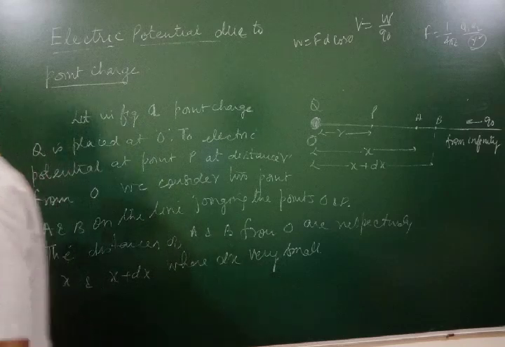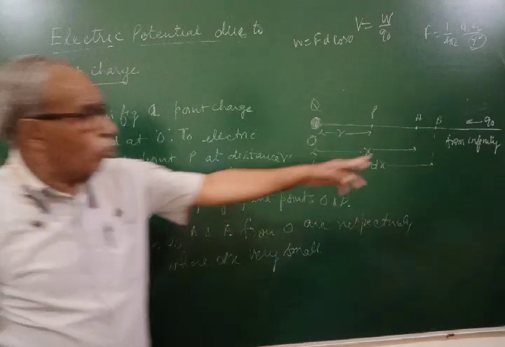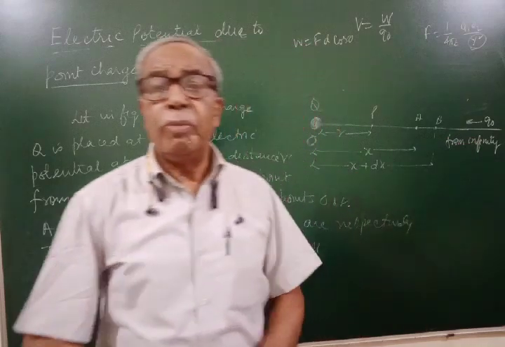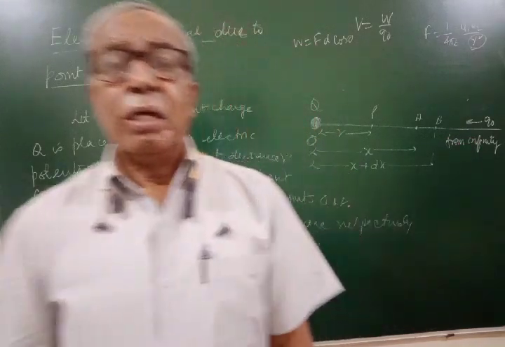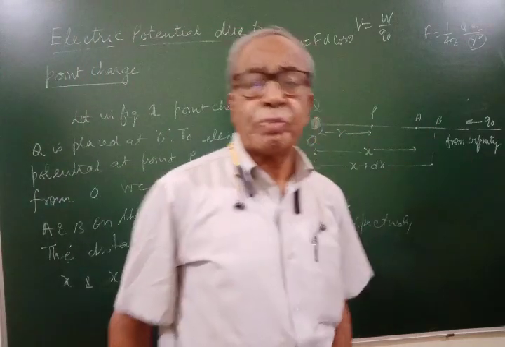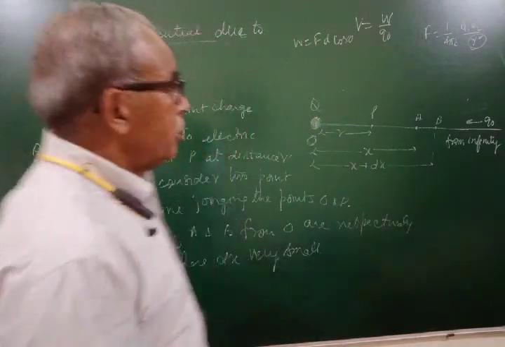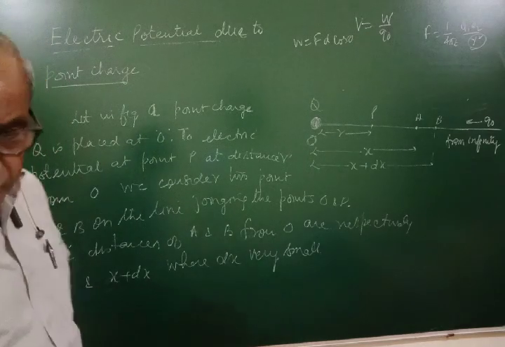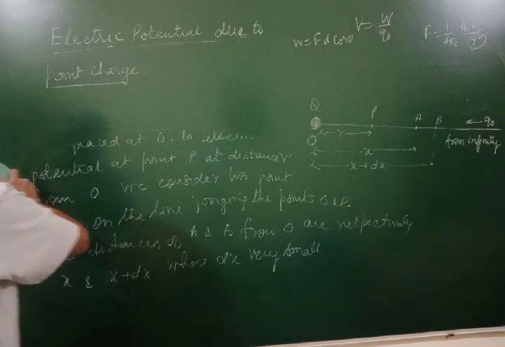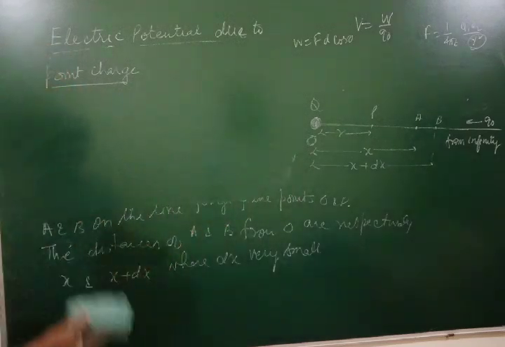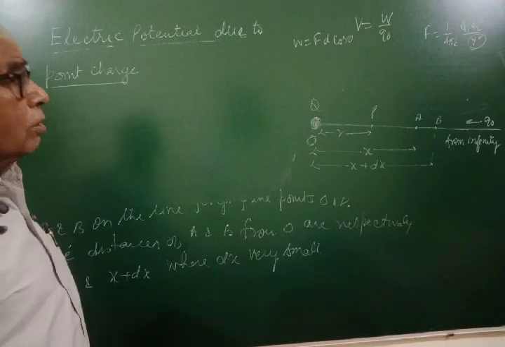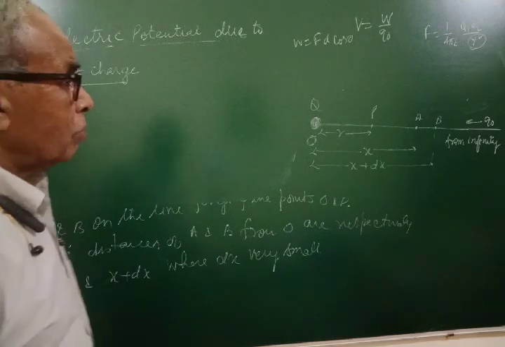So when charge Q0 is brought from infinity to P, there will be a sufficient variation in the force between the charges Q and Q0. So in this case we have to calculate work done against a variable force. For variable force there are different methods of calculating the work done, and the simple method here is the integration method.